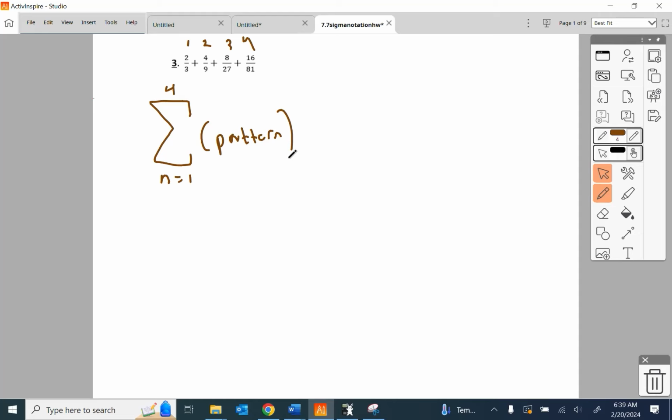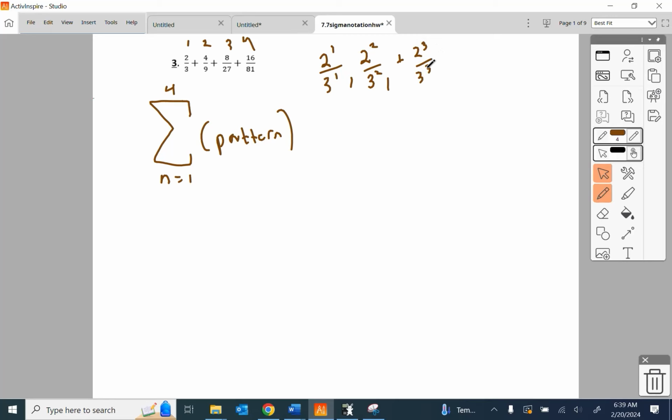So this might be kind of a tough one, but what I see is 2 to the first, 2 squared, 2 cubed, 2 to the fourth, 3 to the first, 3 squared, 3 cubed, 3 to the fourth. I'm seeing 2 to the first over 3 to the first, 2 squared over 3 squared, plus 2 cubed over 3 cubed.